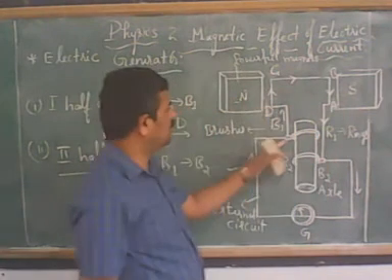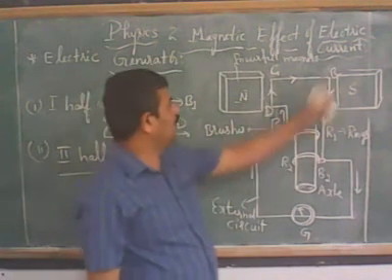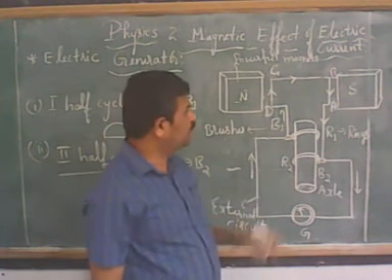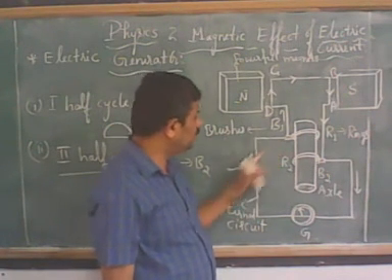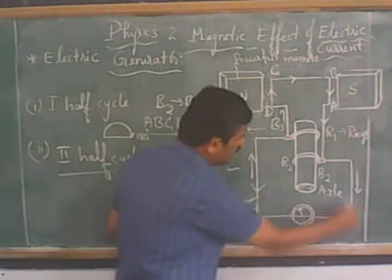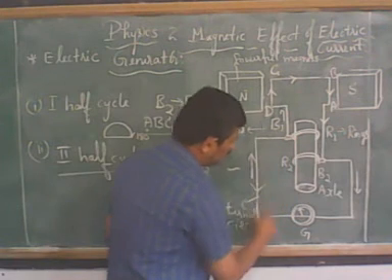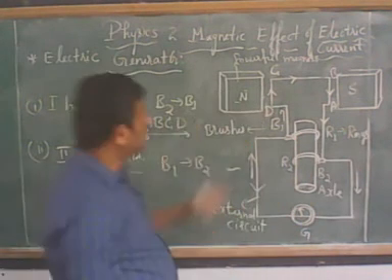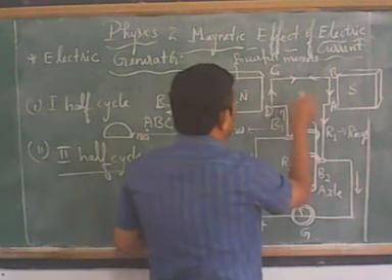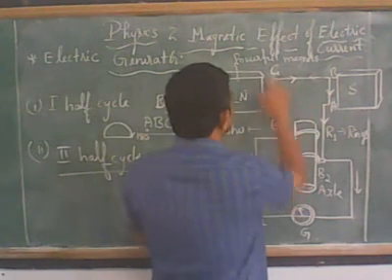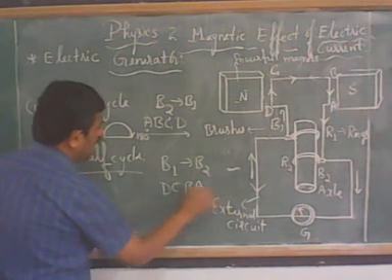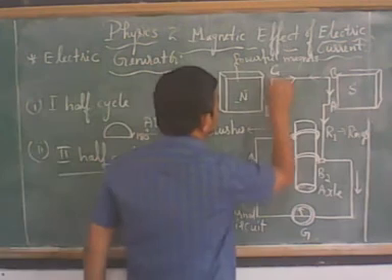Now CD comes in contact with B1, and the AB edge of the rectangular coil comes in contact with B2. Now the direction of flow of current is reversed, B1 carbon brush to B2. Similarly, in the coil it is reversing now. The direction of flow of generated current is DCBA.